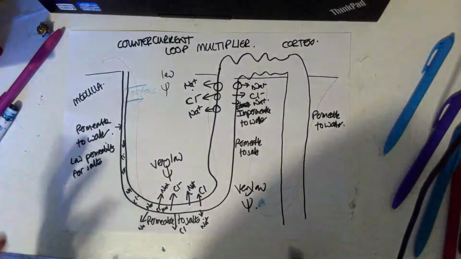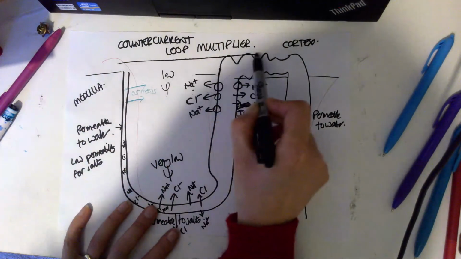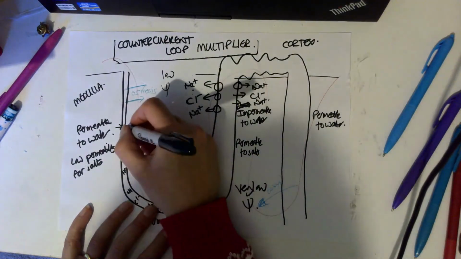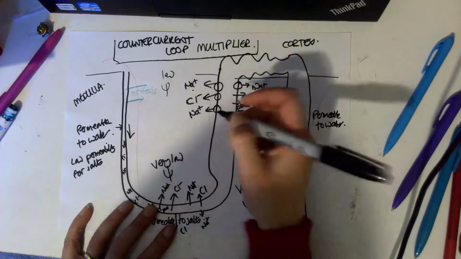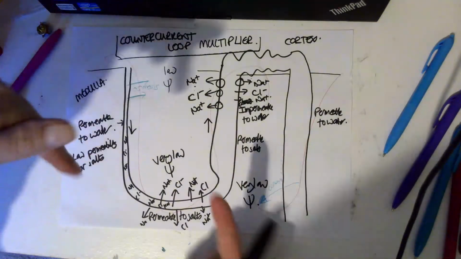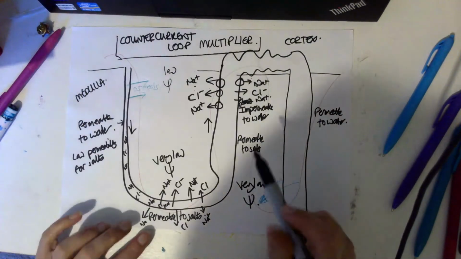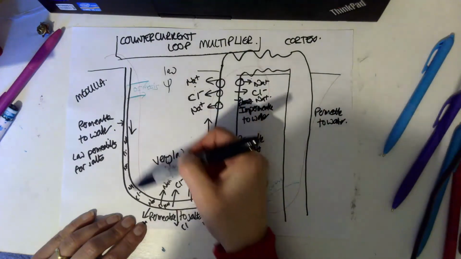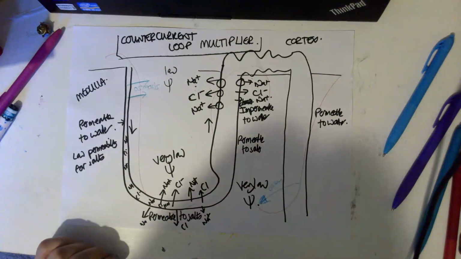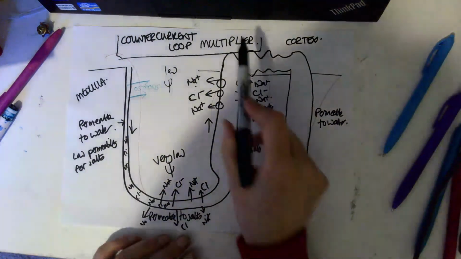Right, so what does that term mean? So first of all, the countercurrent is straightforward because you've got fluids going down one direction and then going up the other, so they are countercurrent to each other, so going down, going up. Then you have a loop because it is this hairpin bend here, and then you also have the multiplier part of it.